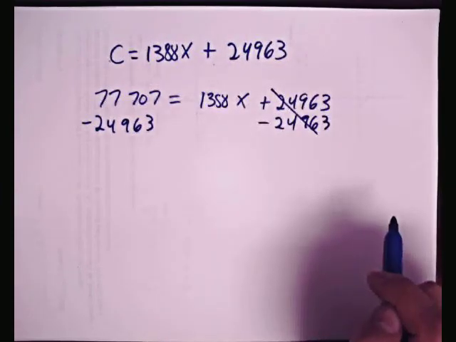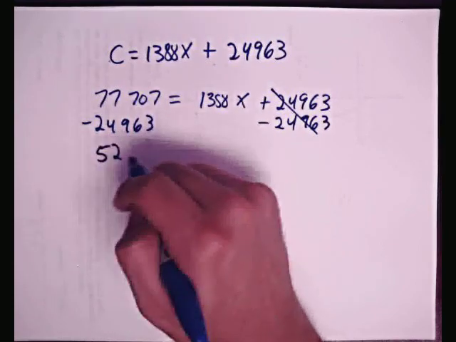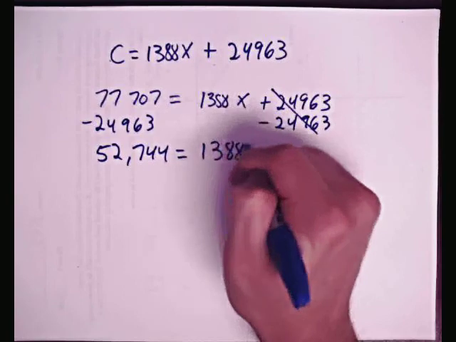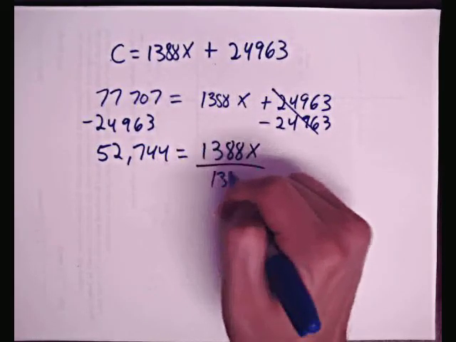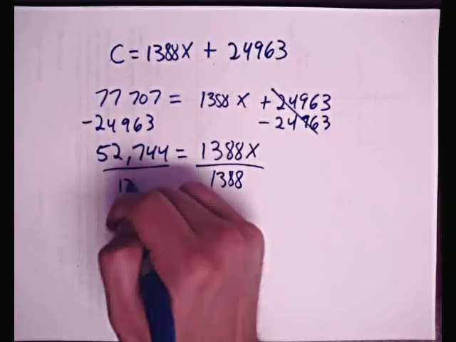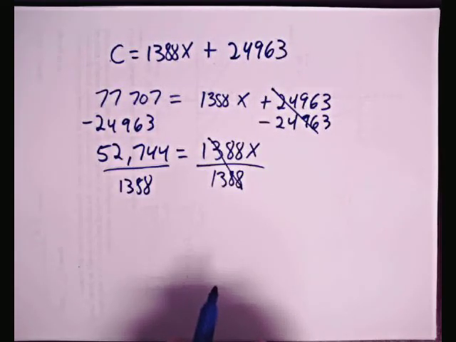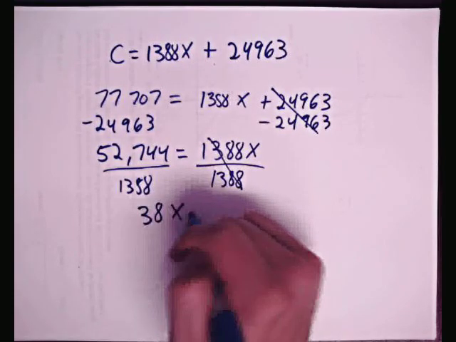And then subtract on the left-hand side, and we'll be left with 52,744 equals 1,388x. Our last step, divide by 1,388. And we get then that x is equal to 38.